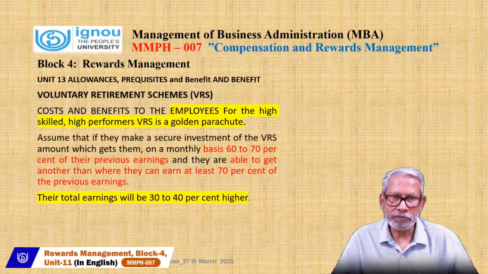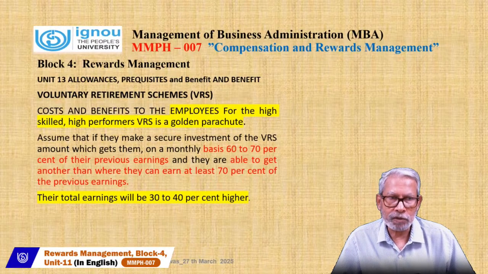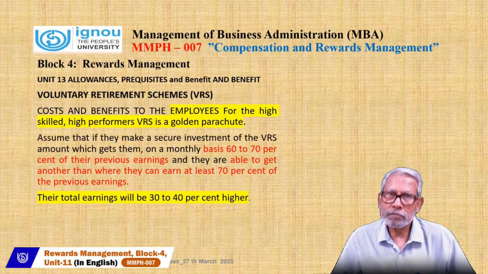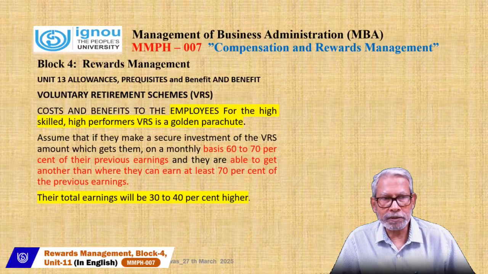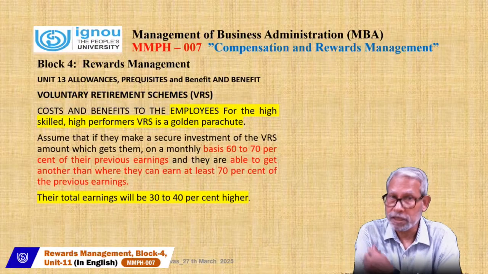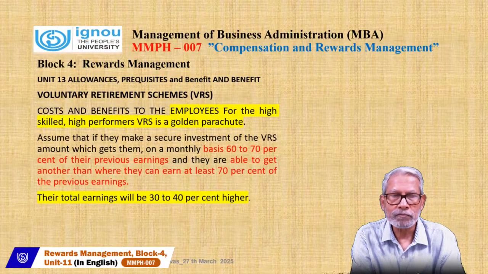Assume that if they make a secure investment of the VRS amount, it gets them on a monthly basis 60 to 70% of their previous earnings. And if they are able to get another job where they can earn at least 70% of the previous earnings, this is a very good opportunity for those who are skilled enough and know they can get a job very easily.